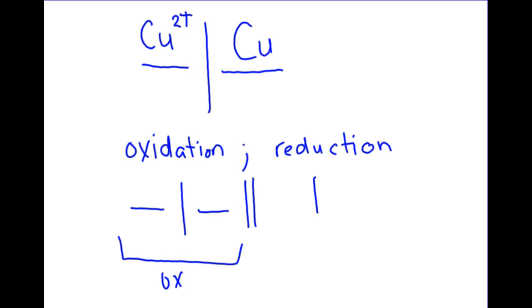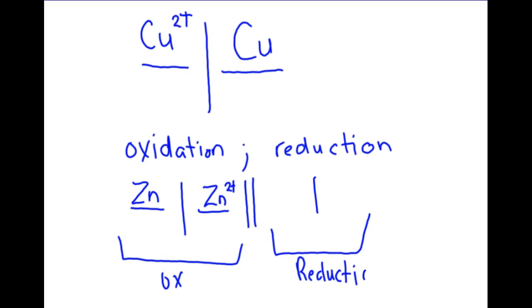The electrode was zinc. The solution consisted of zinc 2 positive ions. On this side of the double line, we write our reduction half reaction. We have our solution of copper, which contained copper 2 positive ions, and our electrode was made up of copper.